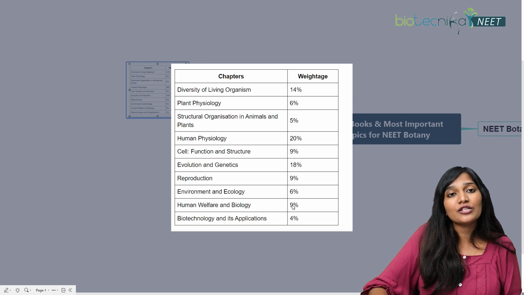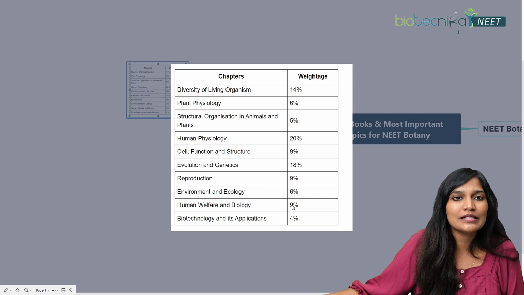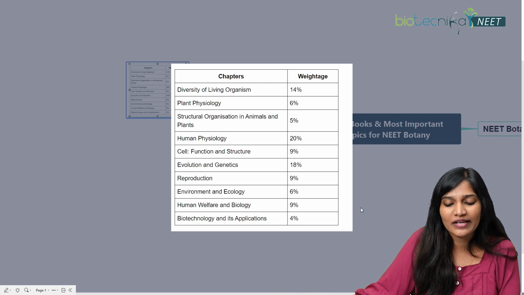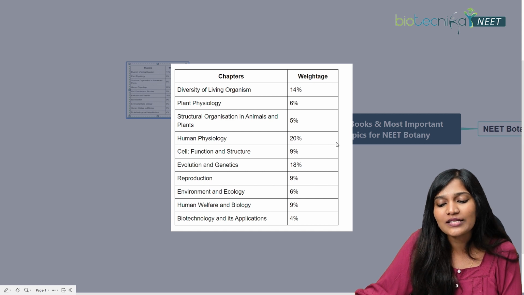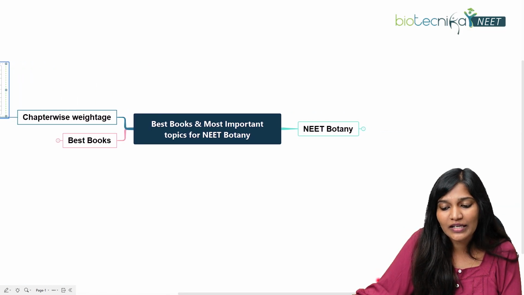We have seen biotechnology and its application is variable; in the previous year we found a lot of questions came in biotechnology, which was really unexpected. So this weightage can be variable, but most of the important things I'm going to talk about in the case of botany.